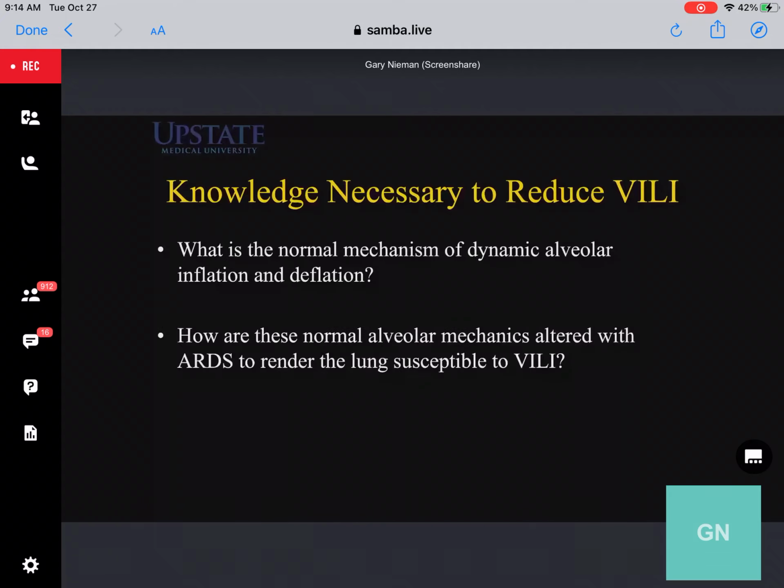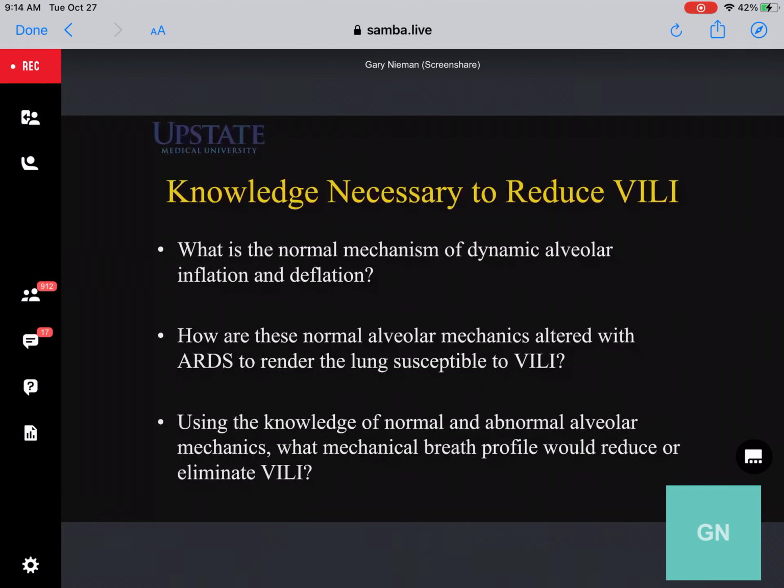And once we understand the normal mechanisms of alveolar dynamics, then how does ARDS change these mechanics in order to make the lung so highly susceptible to secondary ventilator-induced lung injury? And using this knowledge of normal and abnormal mechanics, we can design a mechanical breath profile.